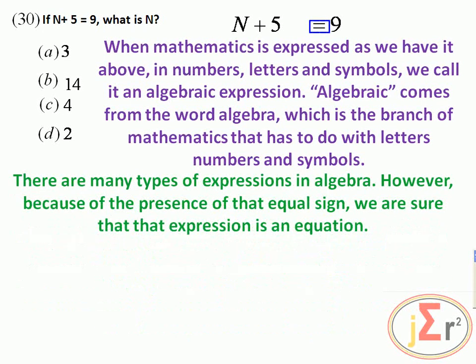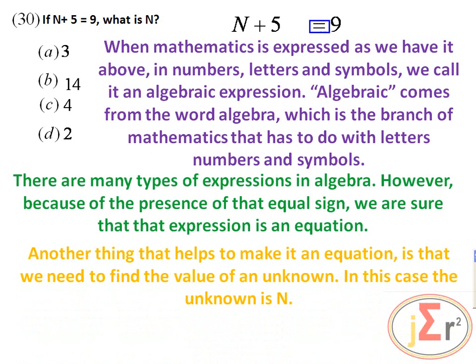There are many types of expressions in algebra. However, because of the presence of that equal sign, we are sure that the expression is an equation. An equation has to have an equal sign. And by the way, it is not only an equation that will have an equal sign, but an equation must have an equal sign.